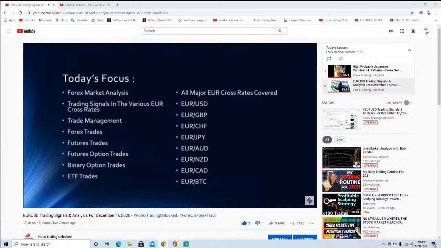All major euro cross rates are covered. Once again, the euro US dollar, the euro pound, the euro Swiss, the euro yen, the euro Australian dollar, the euro New Zealand dollar, the euro Canadian dollar, and the euro Bitcoin.